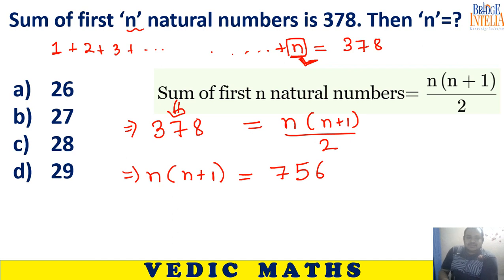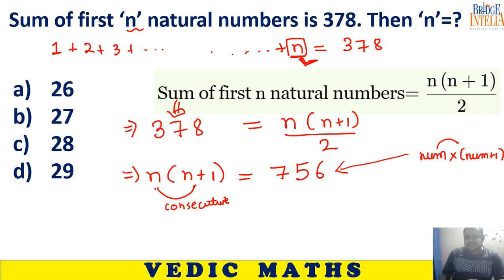So see here, these two numbers are consecutive numbers, or neighboring numbers. So we have to find one such number. Suppose that you think of a number. If you multiply this with the next number, that means number plus 1, the answer must be equal to 756.